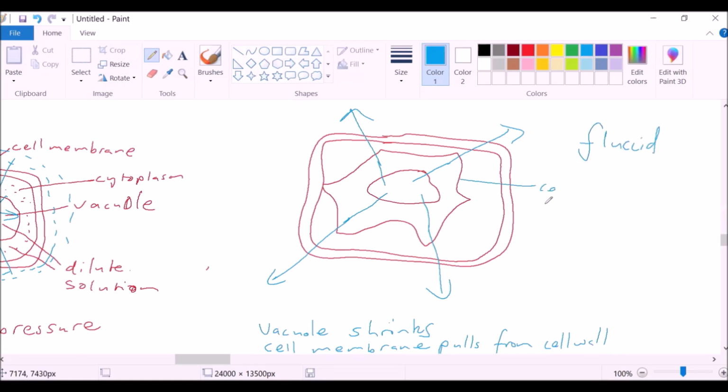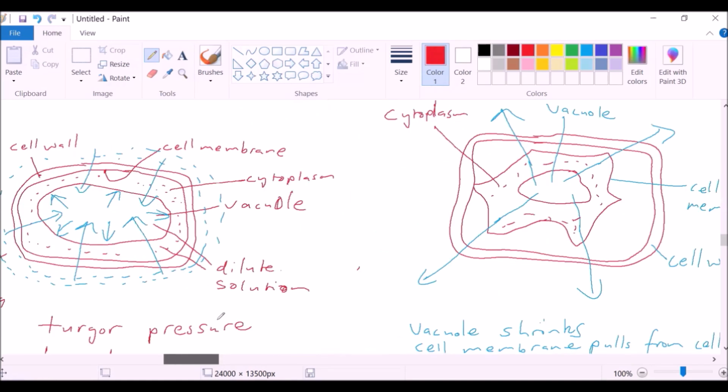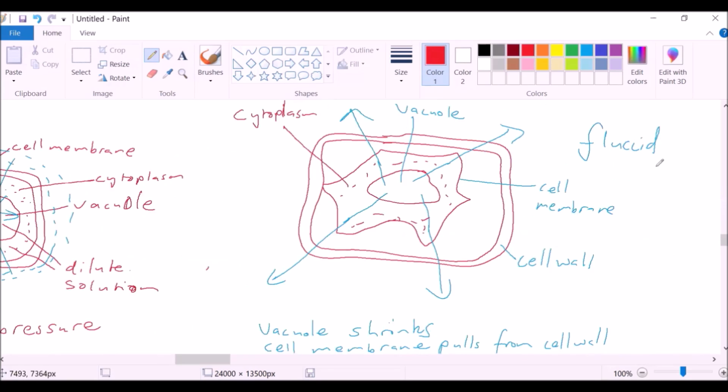This is the cell membrane. This is the cell wall. So we see the cell membrane pulling back from the cell wall. The vacuole loses water and it shrinks. And this is our cytoplasm. So we can see the difference between a turgid cell and a flaccid cell.